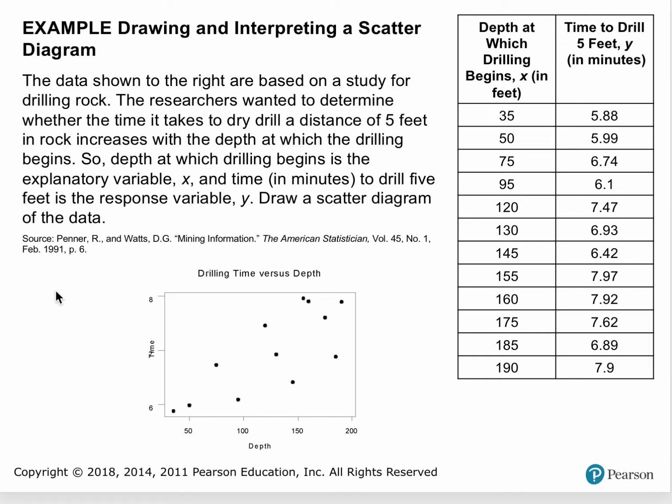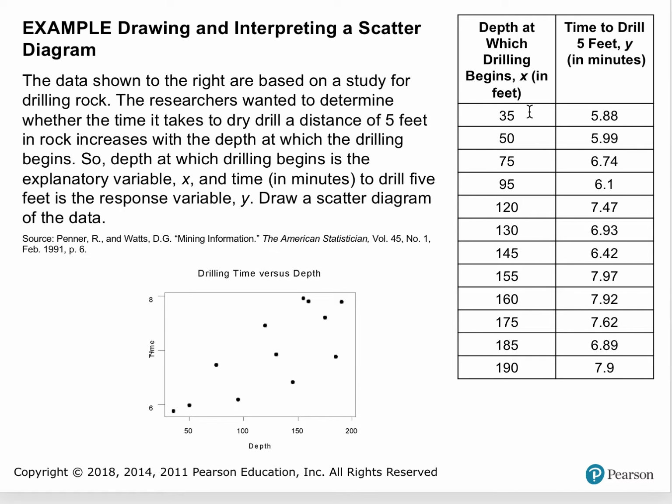So, depth at which drilling begins is the explanatory variable, x, okay, horizontal axis. The time in minutes to drill 5 feet is the response variable, y, vertical axis. And it asks us to draw a scatter diagram of the data, which is pretty straightforward and simple.